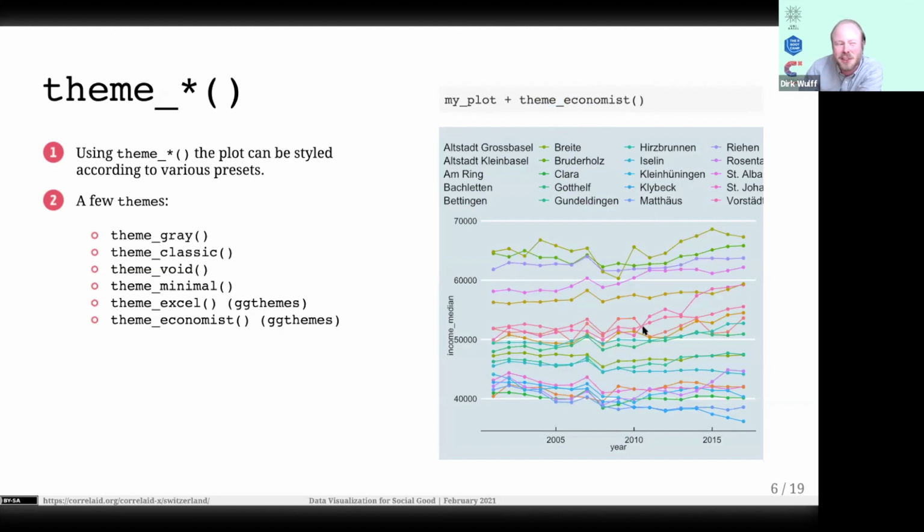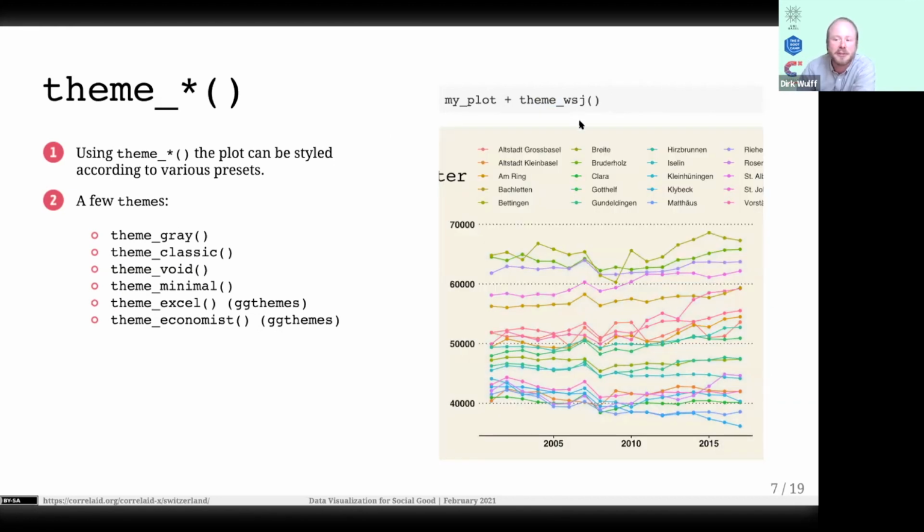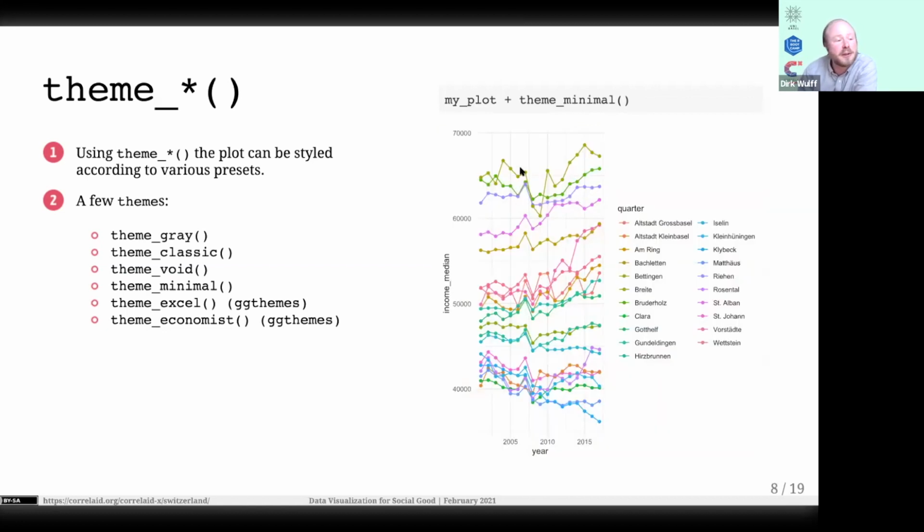And you see, it's not just the coloring of the background, but also the legend has moved. It is now placed on the top and not on the right of the plot, right? Or you can use the theme of the Wall Street Journal, right? Or you can use theme_minimal, which is one of my favorites, one that I often use because it's a bit cleaner and it emphasizes the data rather than, for instance, the background.